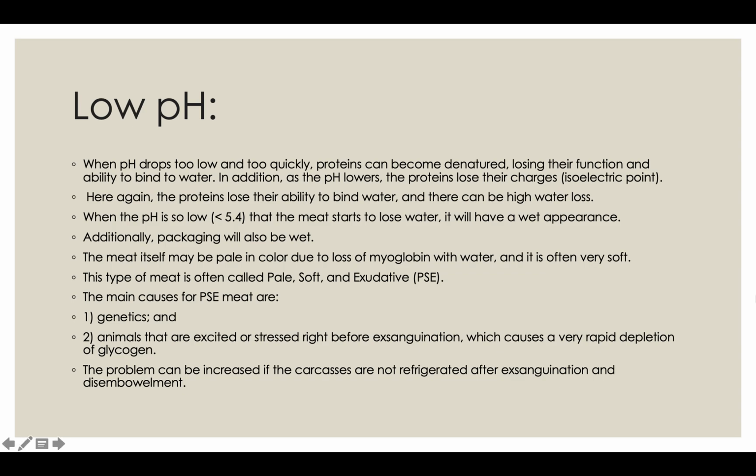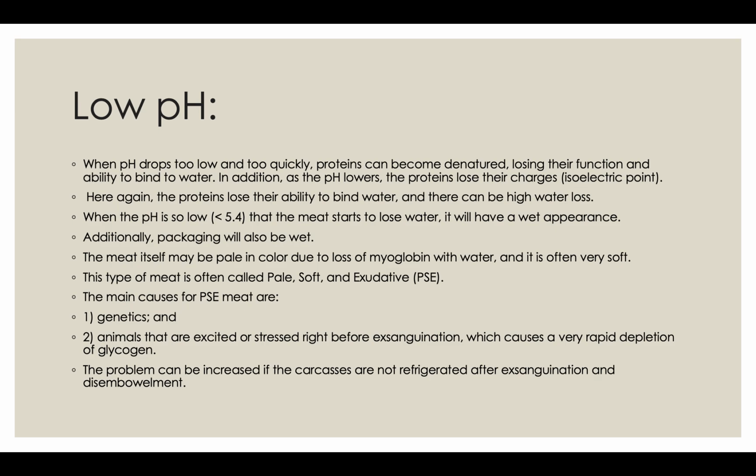Low pH. When pH drops too low and too quickly, proteins can become denatured, losing their function and ability to bind to water. In addition, as the pH lowers, the proteins lose their charges. Here, again, the proteins lose their ability to bind to water, and there can be high water losses.